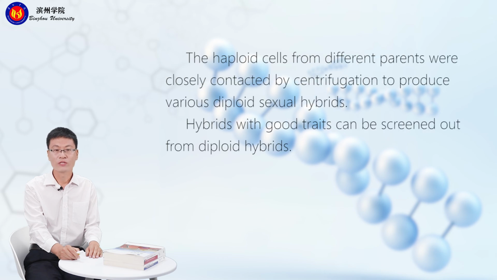The haploid cells from different parents were closely contacted by centrifugation to produce various diploid sexual hybrids. Hybrids with good traits can be screened out from diploid hybrids.